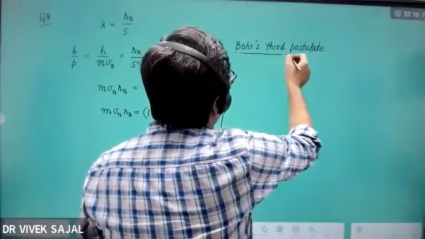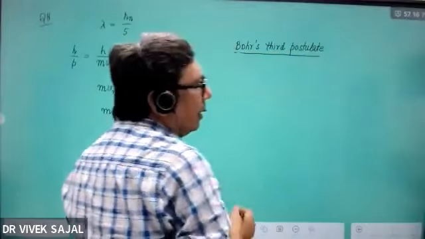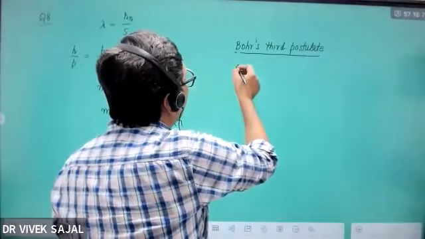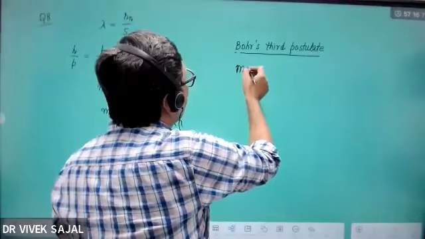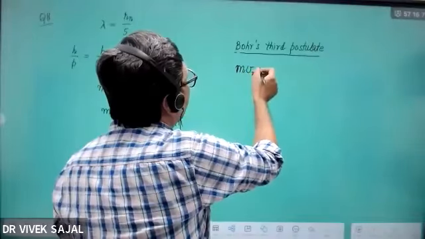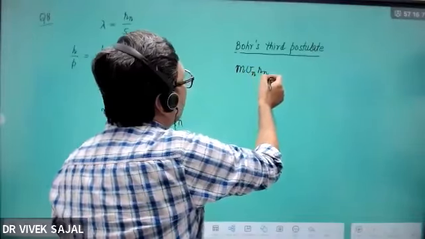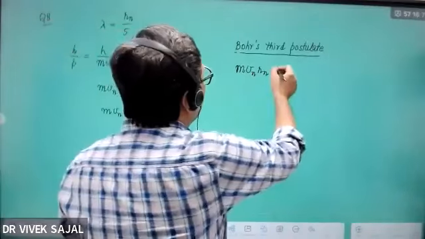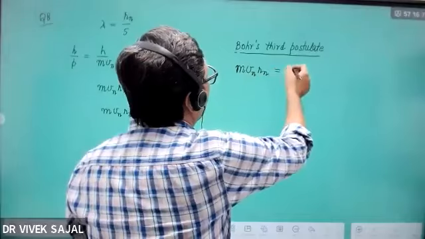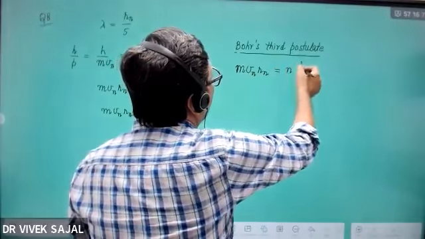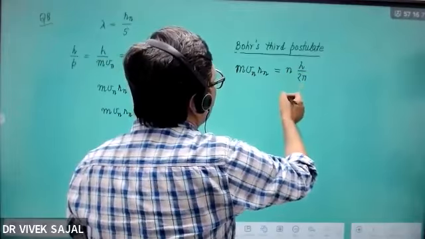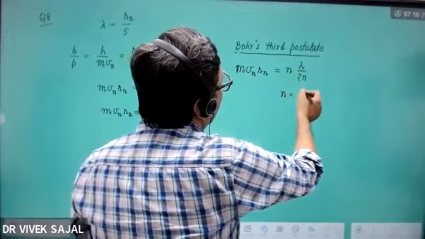According to Bohr's third postulate, the orbit's angular momentum mvn rn, the angular momentum mvn rn, should be an integer multiple of h upon 2 pi. So this n here is an integer.